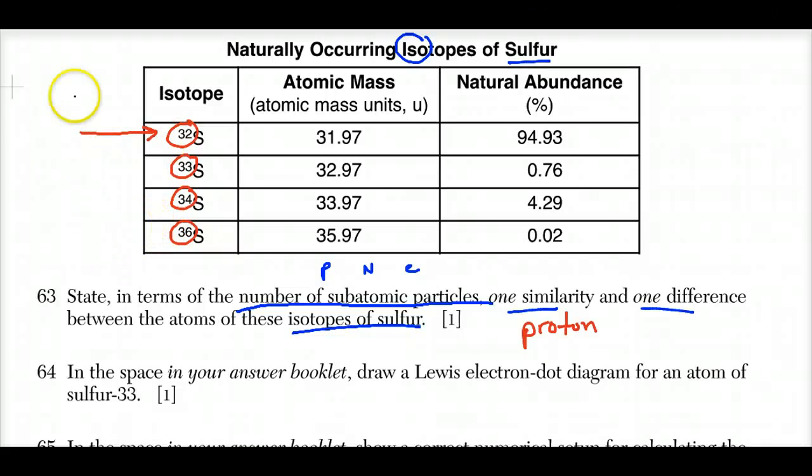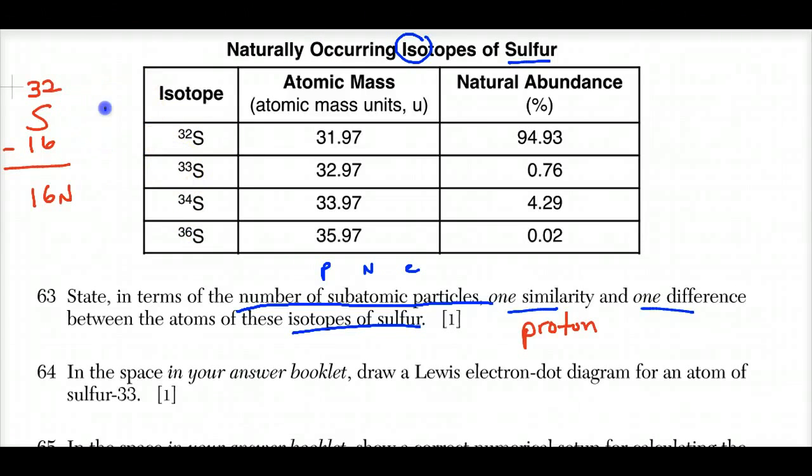And if you wanted to get that number, sulfur 32, and here's 16, you subtract that and you get 16 neutrons. If you do the others, and you don't have to do that, I'm just showing you. If I had sulfur 33 and I wanted neutrons, 33 minus 16, that's 17 neutrons.